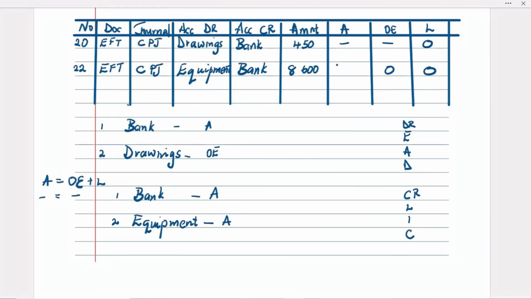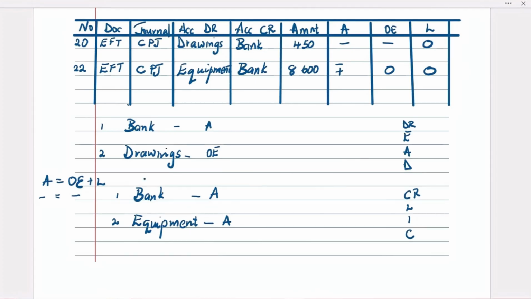So since I'm in one column, it is minus and plus in one column. Minus representing the bank, which is decreasing, plus representing equipment, which is actually increasing. And all this happens in the column for assets. Remember here, when you put down your classification of accounts, if there is no entry on liabilities, liabilities must be zero.